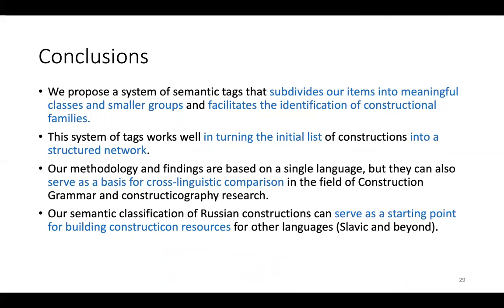And there is one more advantage in using grammatical classification. Grammatical tags are universal, and they are applied by typologists all over the world to different languages of different types. And that means that our methodology and our findings can also serve as a basis for cross-linguistic comparison. And that is very important for construction grammar theory.